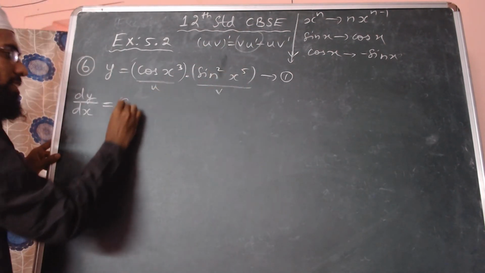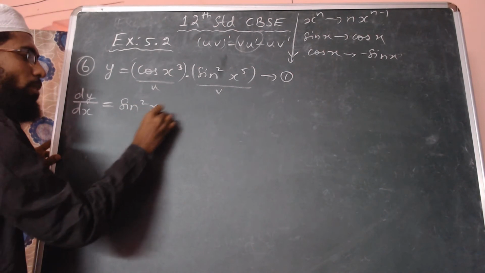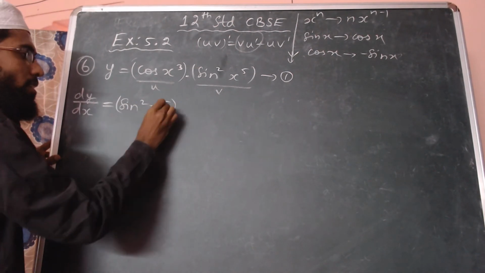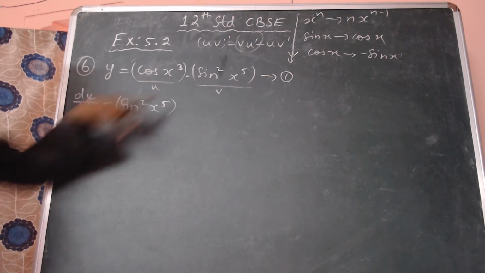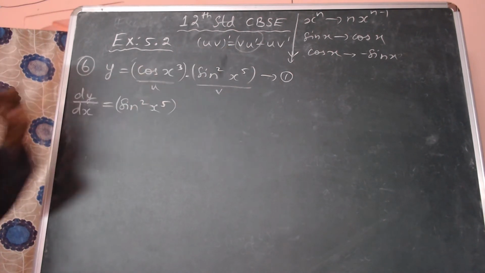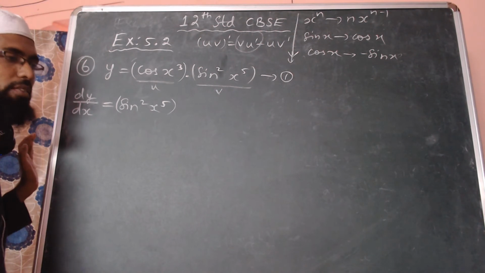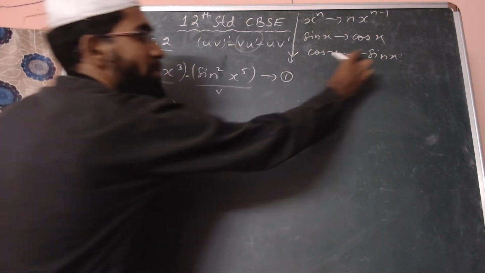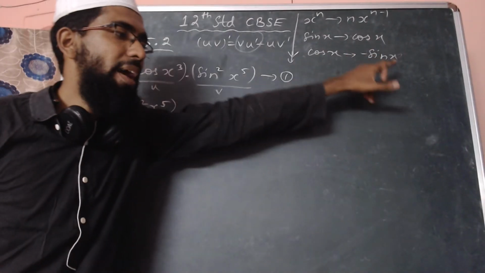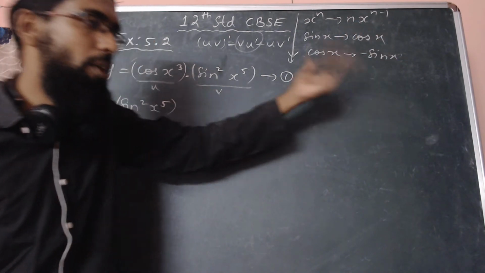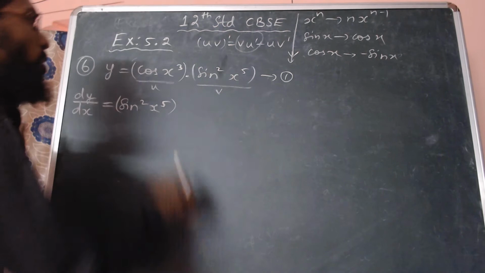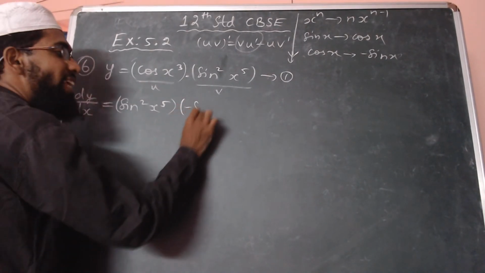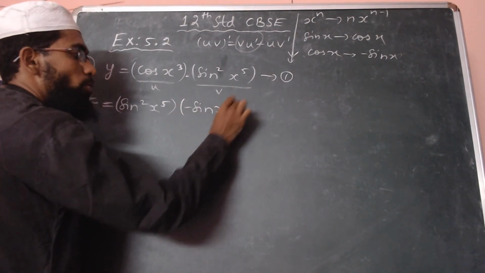So put v as it is, that is sine square x power 5 as it is, and I have to differentiate u, cos of x cube. Cos of x cube derivative is what? Cos x derivative is minus sin x, cos y minus sin y, right? So cos of x cube gives minus sin of x cube, right?